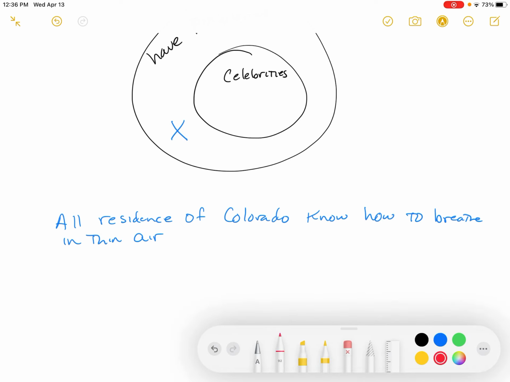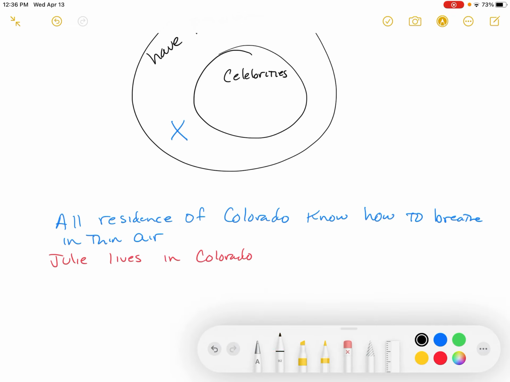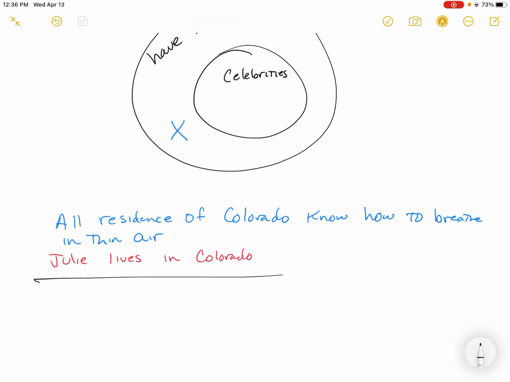Sorry about my lame handwriting. Okay, I'm going to switch colors here. I'm going to try to make the colors in here. Julie lives in Colorado. And so the conclusion is Julie knows how to breathe in thin air.